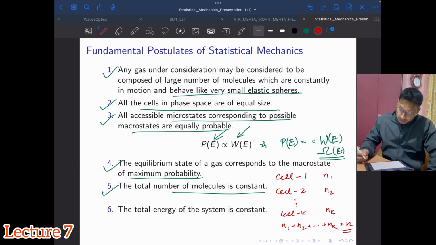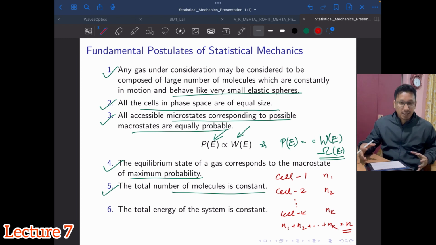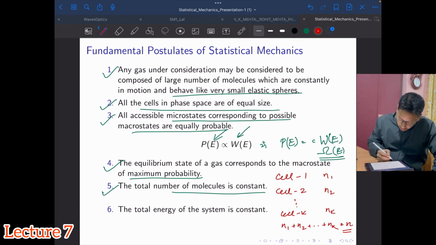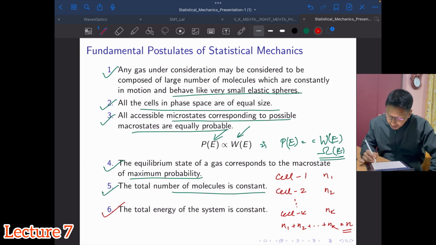Because it is a dynamic system, the numbers n1, n2 and so on may keep varying depending on the exploration of the system for various microstates or macrostates. Now the sixth postulate: the total energy of the system is constant. Of course, this is conservation of energy. Let's say n1 particles are in cell number 1, and the corresponding energy of the cell is E1.